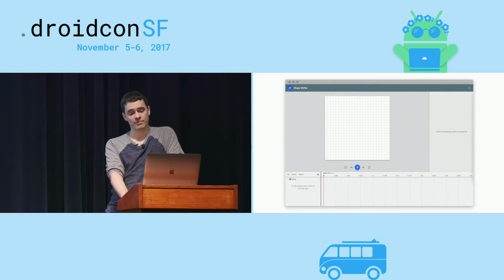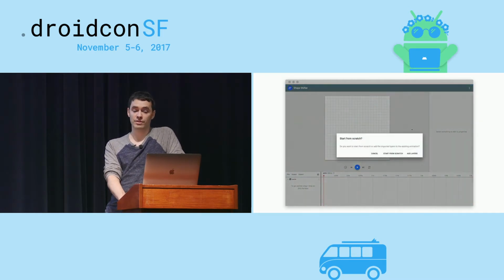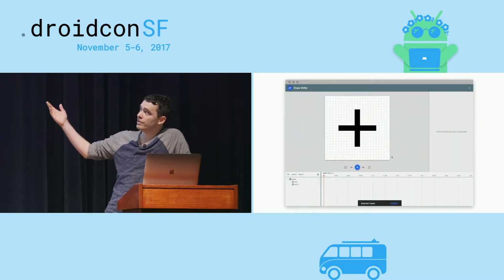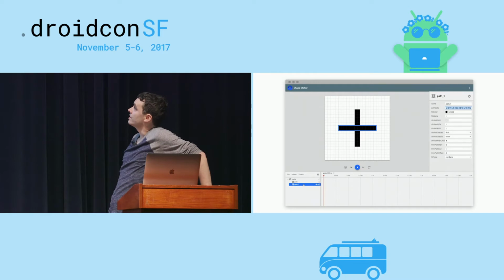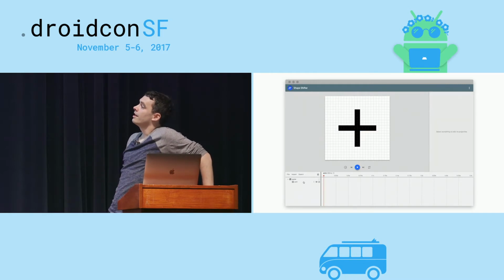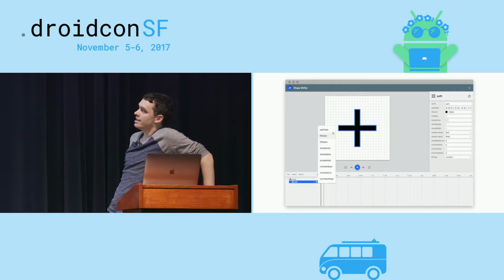I want to give an example of how to use this tool. What I'm going to show here is how to create a plus to minus path morph. You see I've imported the SVGs. I just dragged them into the window. I'm creating a path data tween.